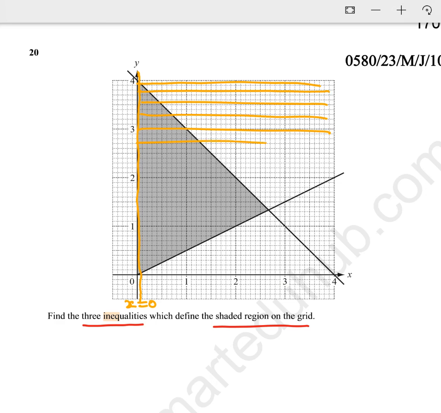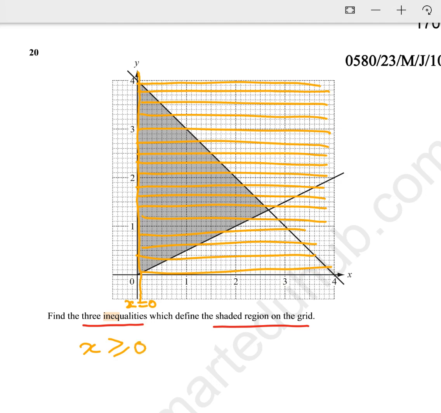That means this region which is shaded over here represents the inequality x is greater than or equal to 0. I am saying greater than or equal to 0 because the line is a bold line, it is not a dotted line. So x is greater than or equal to 0 is the first inequality.